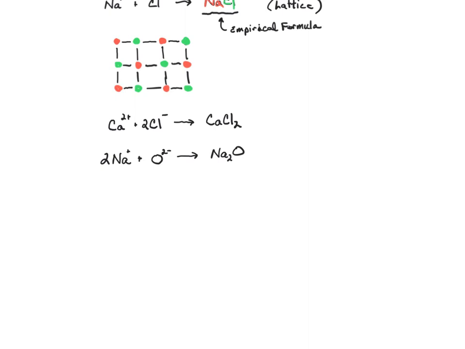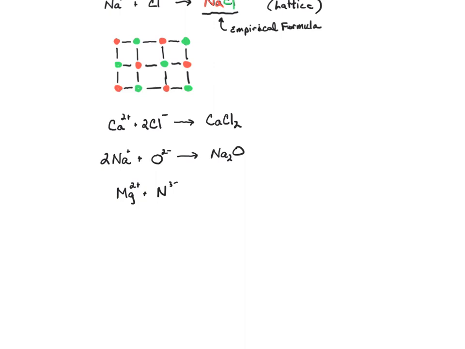So another example would be a compound made from magnesium and nitrogen. Now magnesium is in group 2, so it takes on that plus 2 charge, and nitrogen is in group 15, which means it's going to take on a negative 3 charge. Now this is a little bit trickier than the other examples, because we have 2 different values here.